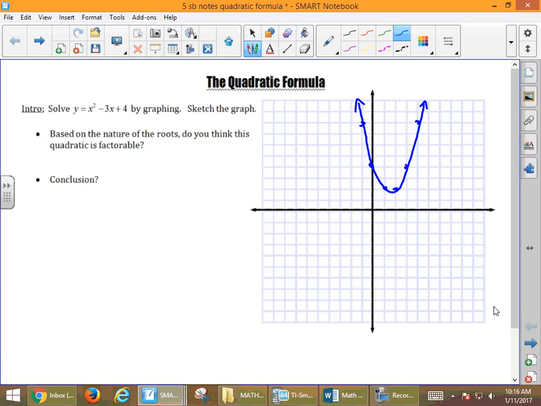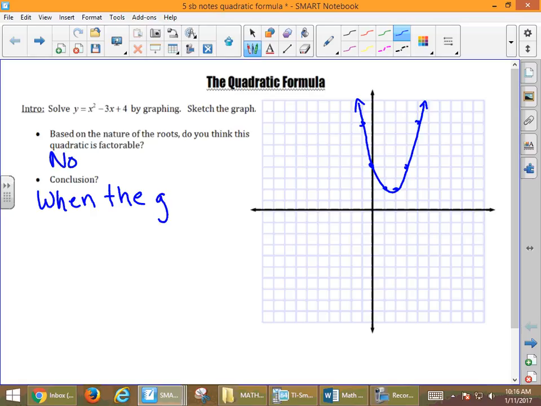And there actually are some roots, but we cannot tell what they are. Do you have any reason why you think we might not be able to tell what they are? Jordan? Because we don't cross the x-axis.